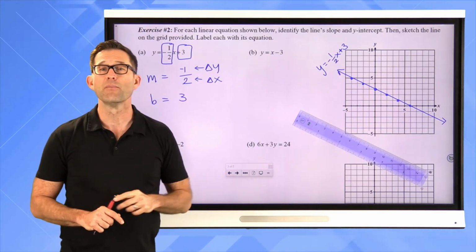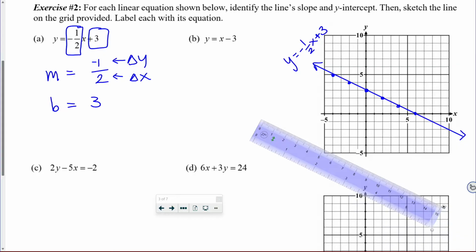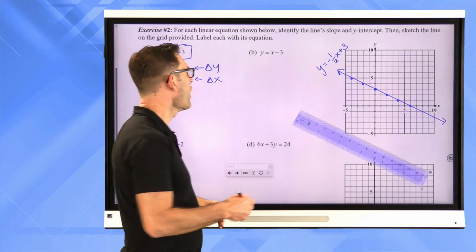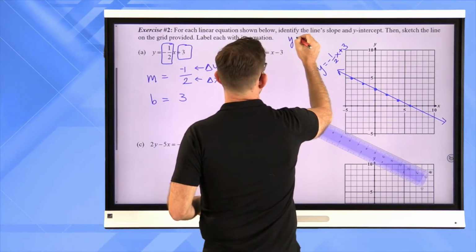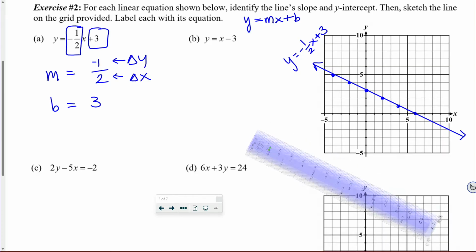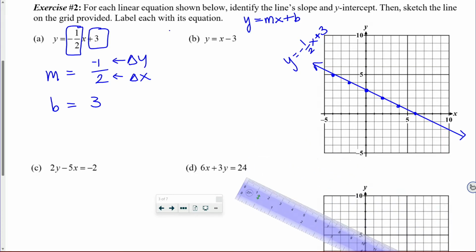Let's look at one that's a little more challenging. Y equals x minus 3. Now, when I looked at my slope-intercept form of my line, it was y equals mx plus b. If I really wanted to write this particular equation in that form, I would want to rewrite it as y equals 1 times x plus -3.